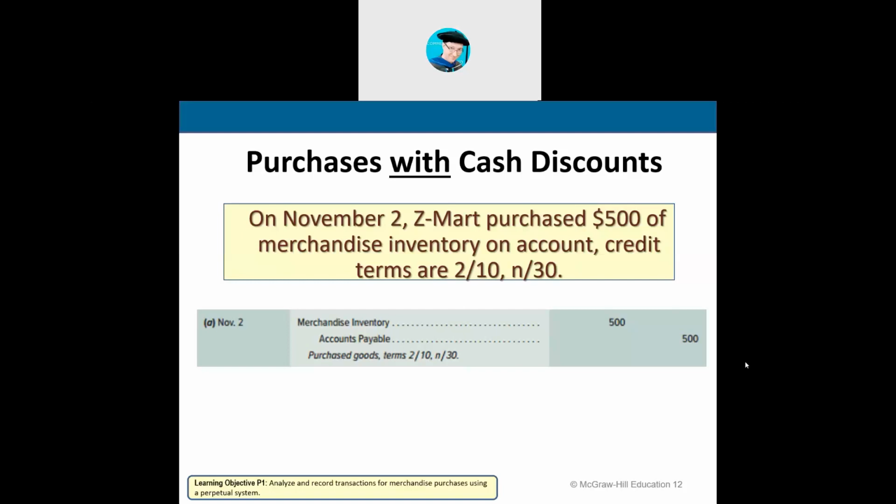If I pay this bill within the first 10 days, I'll receive a 2% discount. And then it says comma N30. That means net 30. The bill is due in full within 30 days. But if I pay this bill within the first 10 days, I will receive a 2% discount. That's what this tells us.